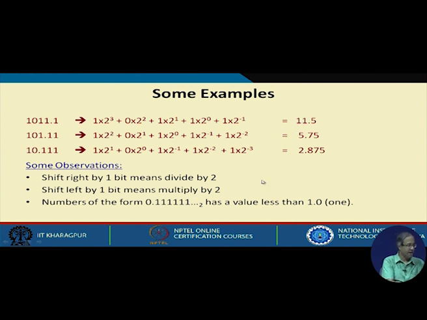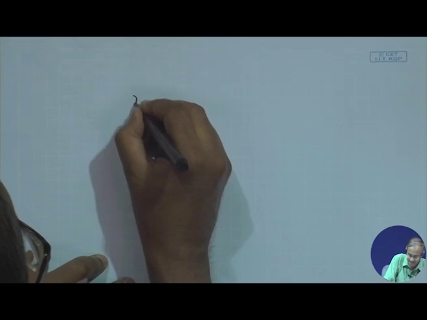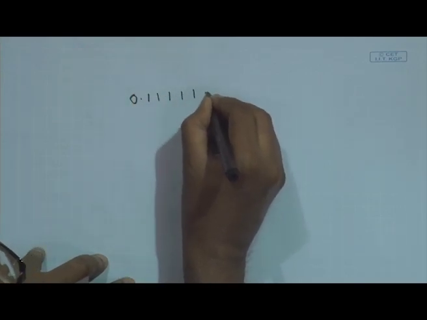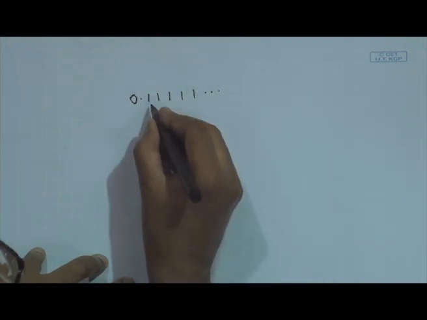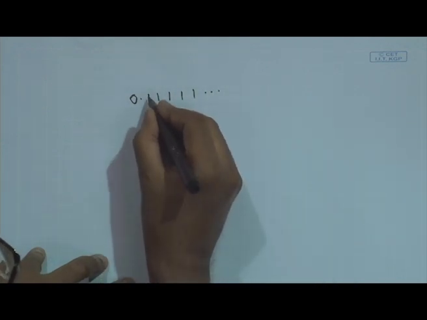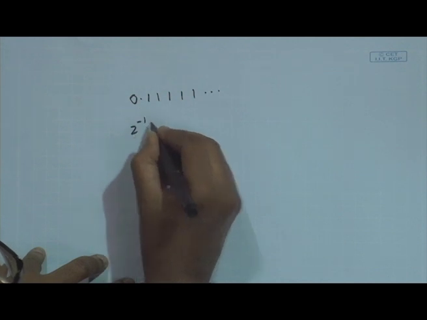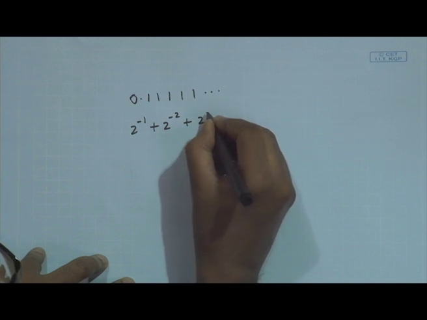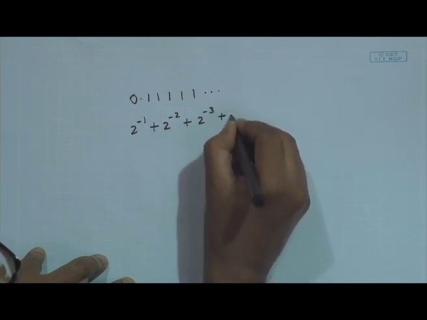Okay. And another point to notice is that if we have a number of this form, 0.11111, this will have a value less than 1. Why this? If I write such a number 0.111, say there are several binary digits, the weights are 2 to the power minus 1, then 2 to the power minus 2, then 2 to the power minus 3 and so on.